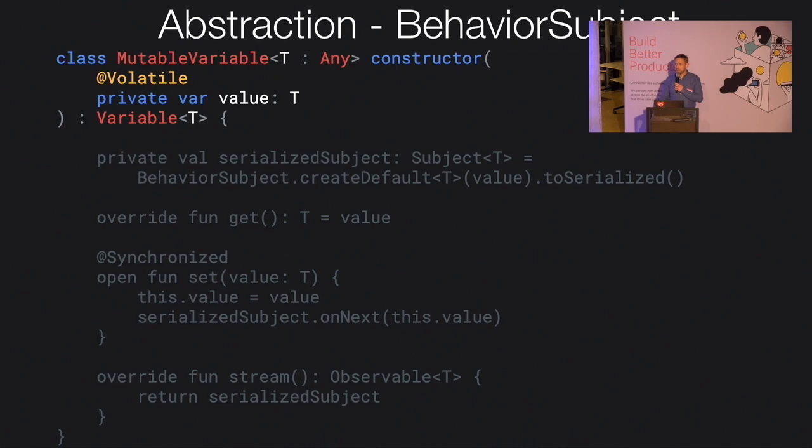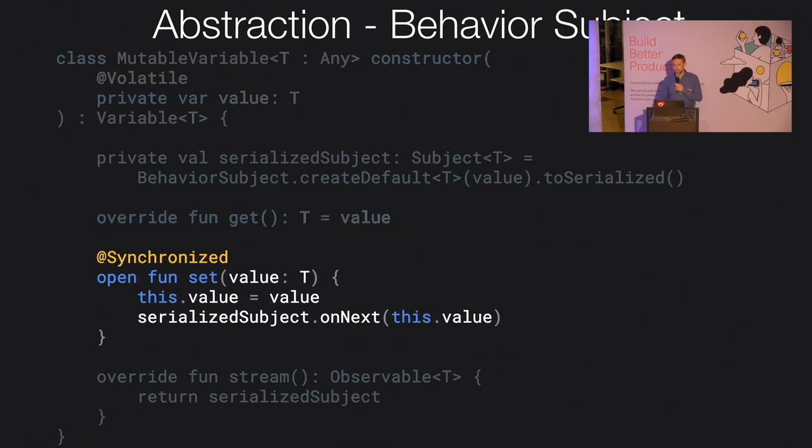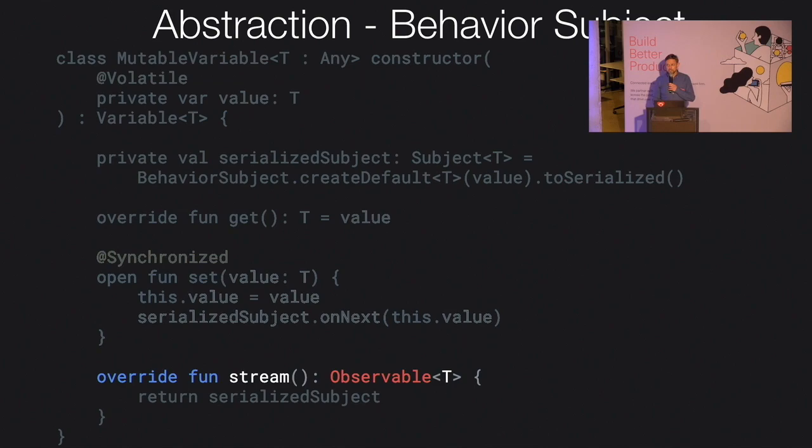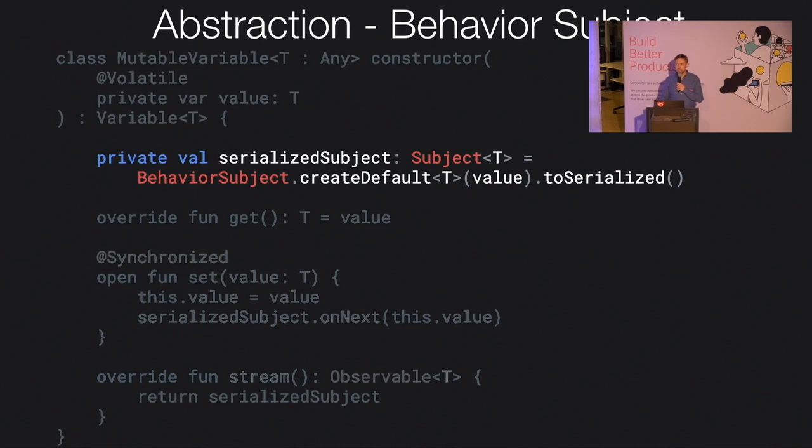Essentially, you pass in the initial value. It allows you to get the value, set the value, and then the stream function allows you to monitor updates for that value. It's done with something called a BehaviorSubject in Rx.